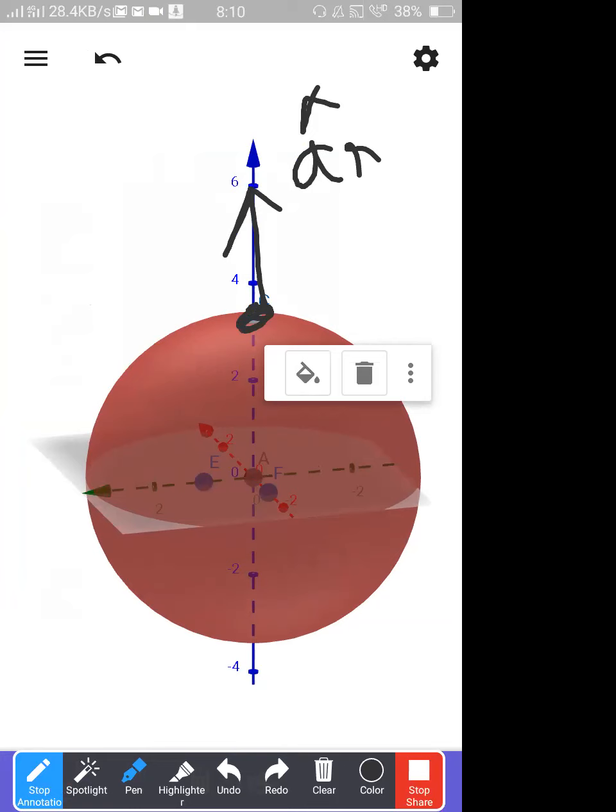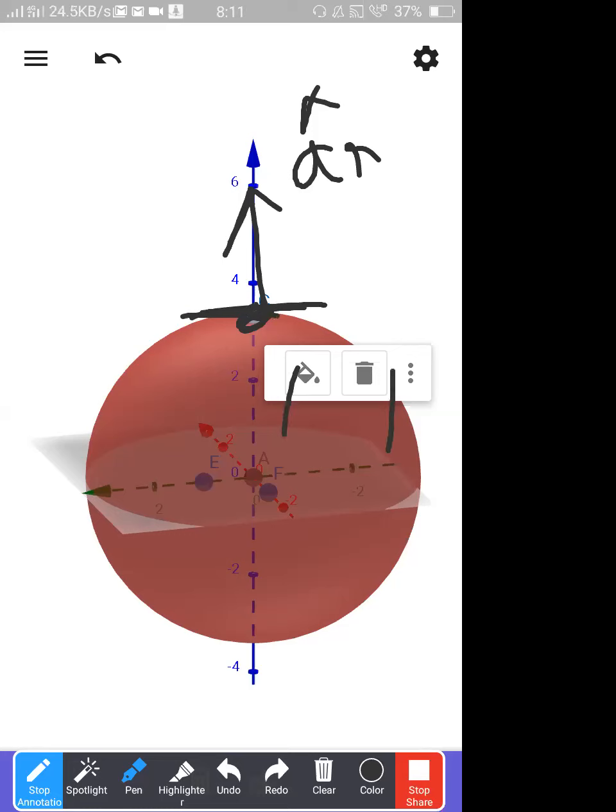Can somebody tell me what will be the direction of a phi and a theta? Can somebody draw this? See, my a theta is the tangential direction. It will be going in this way.